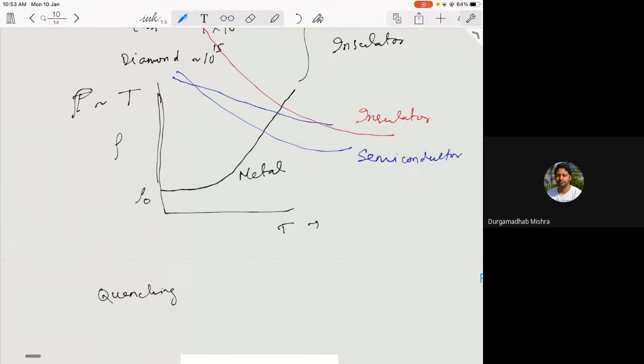But if you cool down very slowly, you give enough time for the atoms to move around and find the equilibrium position, and in that case you can get a single crystal. So it is not that only solidification gives a polycrystal. You can get single crystal, polycrystal, or an amorphous material as well.